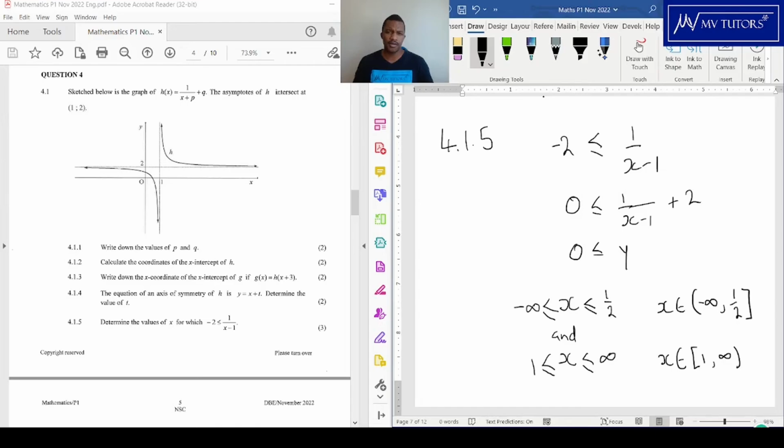Okay, now let's talk about this again. Even though it's greater or equal to, because we have an asymptote, we know that the graph never touches 1 because of the asymptote. So what I'm going to do is rub that square bracket and put a round one because of the asymptote.